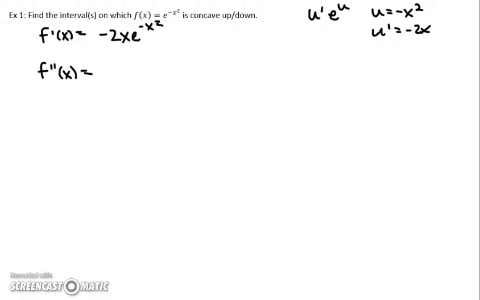We now have product rule, right? We have a negative 2x and an e to the negative x squared, so two different functions, each of them have an x. The derivative of the first part is going to be negative 2 e to the negative x squared, plus, keep the first one the same, negative 2x times the derivative of e to the negative x squared, which we already found was negative 2x e to the negative x squared.